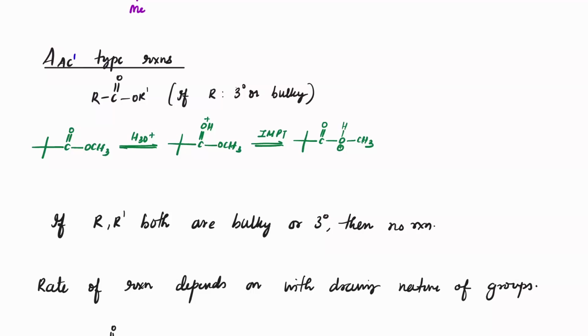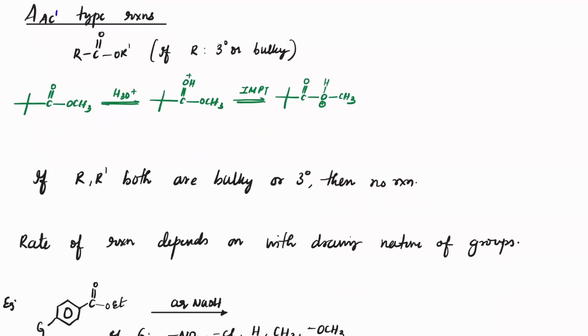Right, sorry, check. So if you get this, now you know that this is a stable molecule here. So this will break here first. As it breaks, this is an acyl cleavage, and then you get C double bond O plus and CH3OH.